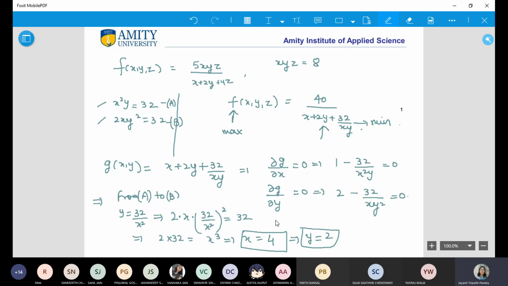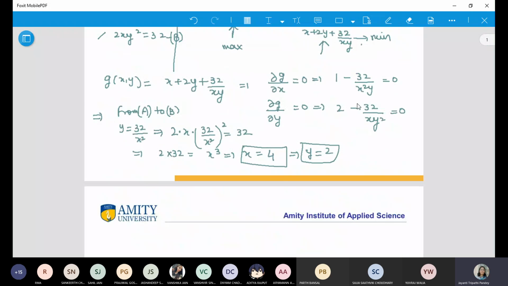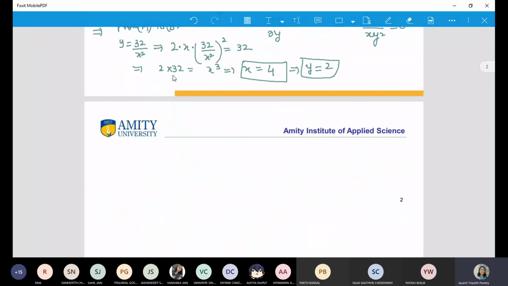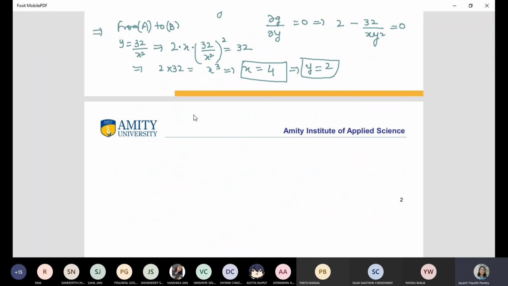So what is our stationary point? Our stationary point is (4, 2). Right? Stationary point that you have calculated is (4, 2).